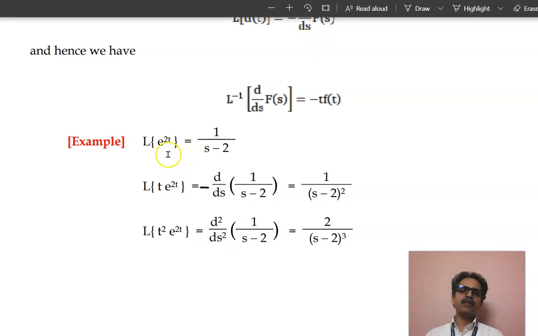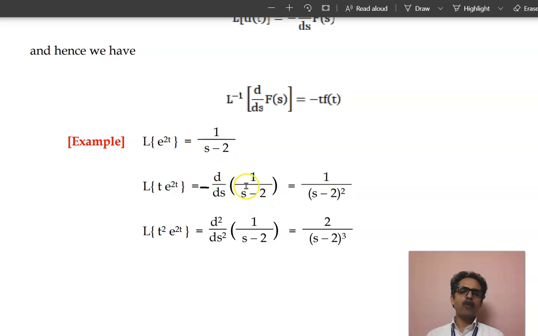Now what is F of s? It is the Laplace transform of f of t. So here Laplace of f of t is F of s. F of t is e raised to 2t, that is reflected on the left side, and on the right hand side we have to reflect this capital F of s, and it is possible by writing minus d upon ds of F of s, where F of s is here 1 upon s minus 2.